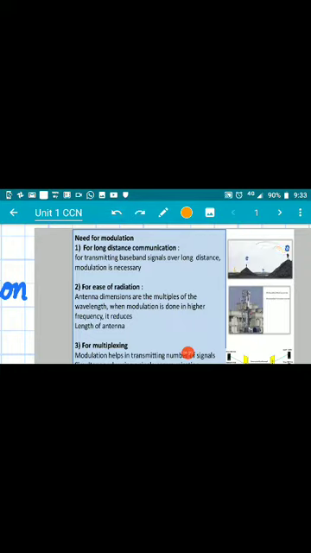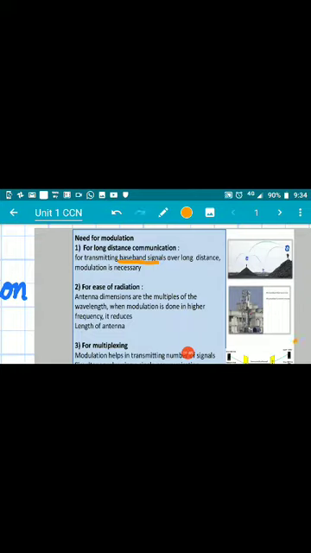To answer this question, I would say that for transmitting the baseband signals over a longer distance, modulation is necessary. Why is modulation necessary to transmit the baseband signals over long distance?